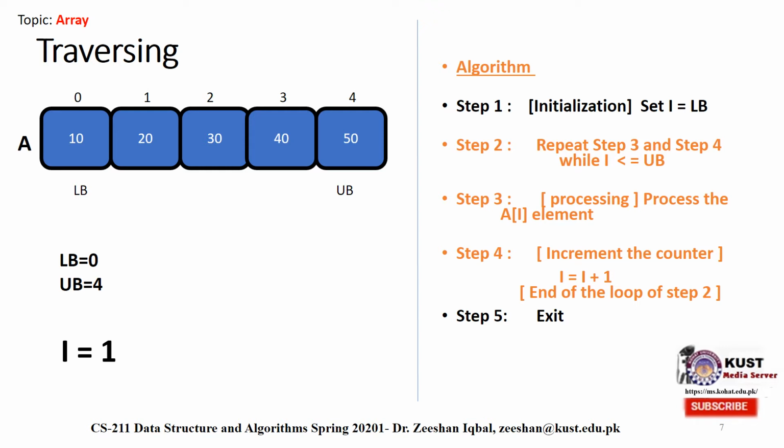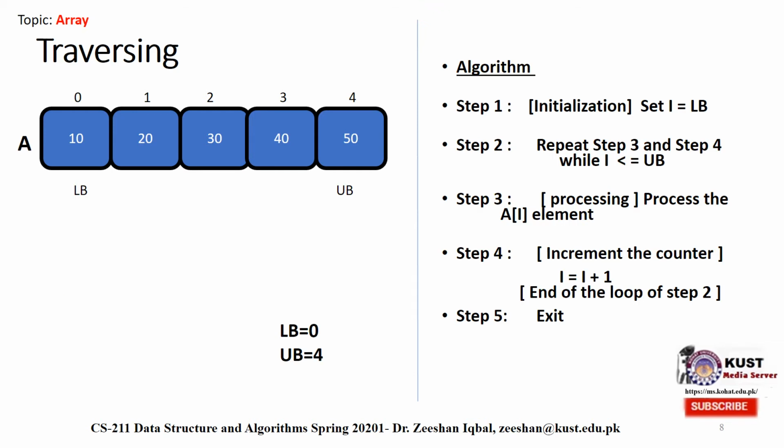After execution of step 4, control moves back again to step 2 for execution of the while loop. The value of I is 2. So in step 2, the while loop is executed again, where I is equal to 2 and UB is equal to 4, that is, 2 is less than or equal to 4, which is true.